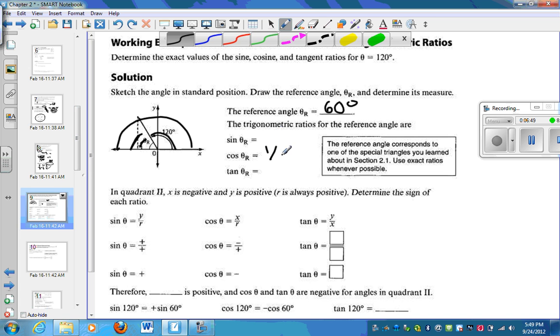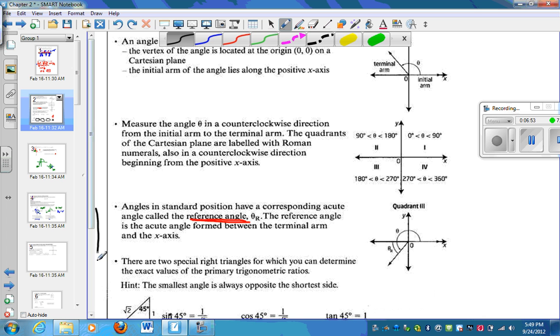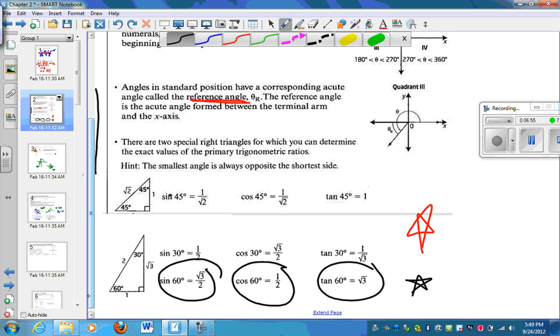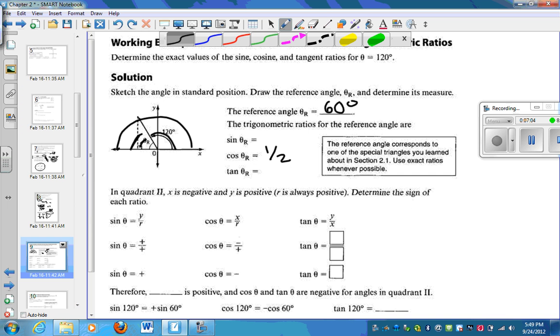I think cos was 1/2, sine was root 3 over 2, and tan was just root 3. So it's best if you have these memorized, but Ms. Cancelon does not anymore.